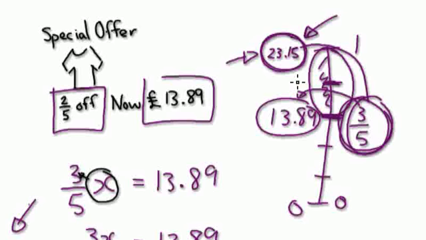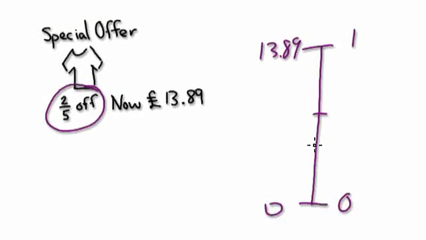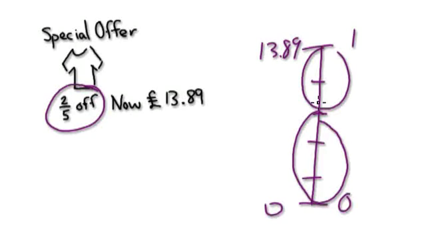Okay. But another way of doing this is look at this here. You 0 here, 0 here, 1 here. The original is 13.89. Now, draw a picture to see what's going on. The shopkeeper is giving you this off. So split it into 5 pieces. You don't need to pay for this, but you do need to pay for the rest here.